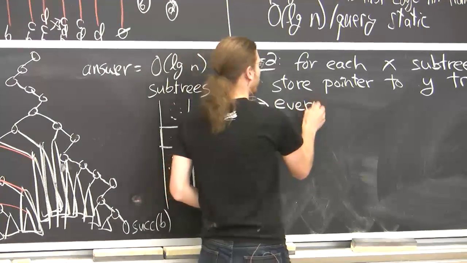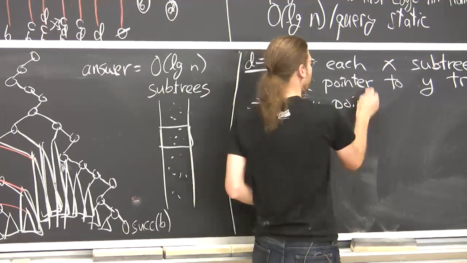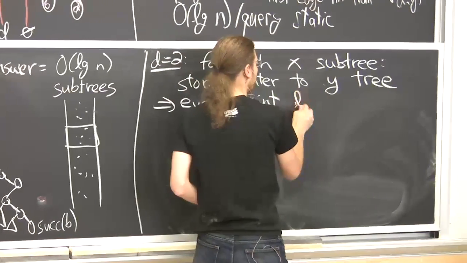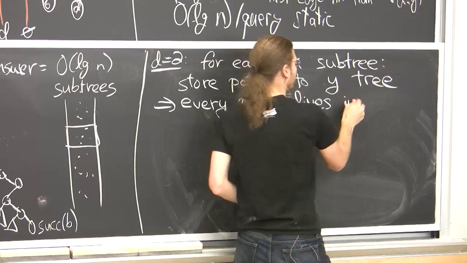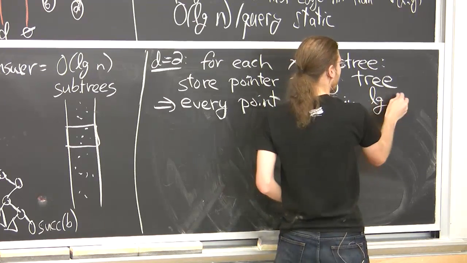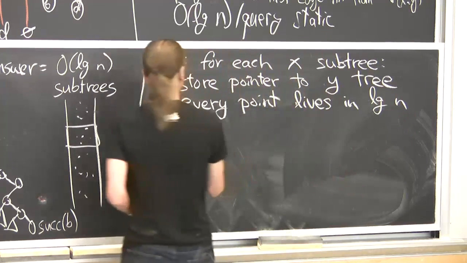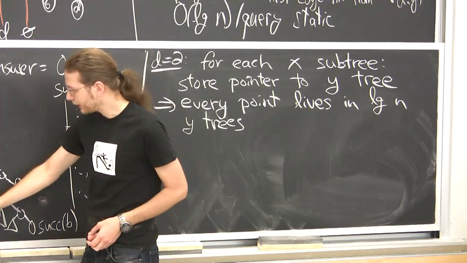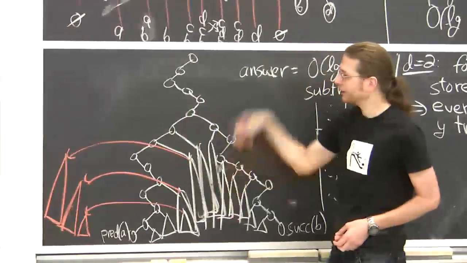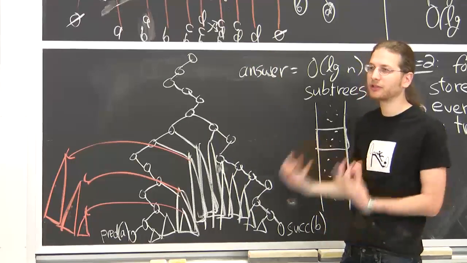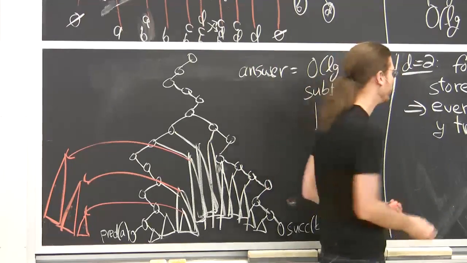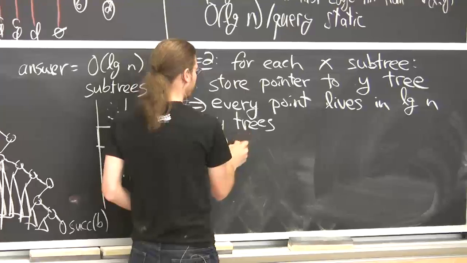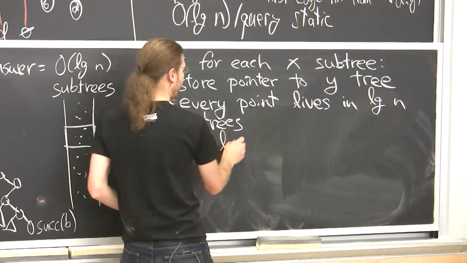Every element, every point lives in basically log n y trees. Okay, because if you look at a point, there's the tiny y tree that contains it, bigger, bigger, bigger, bigger, until the entire tree also contains it. Each of those has a corresponding y tree. So the overall space will be n log n.